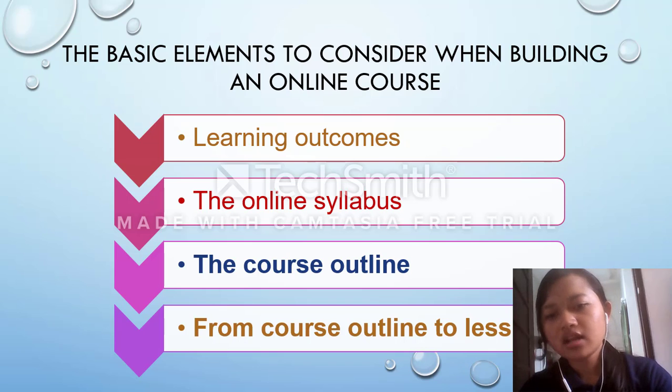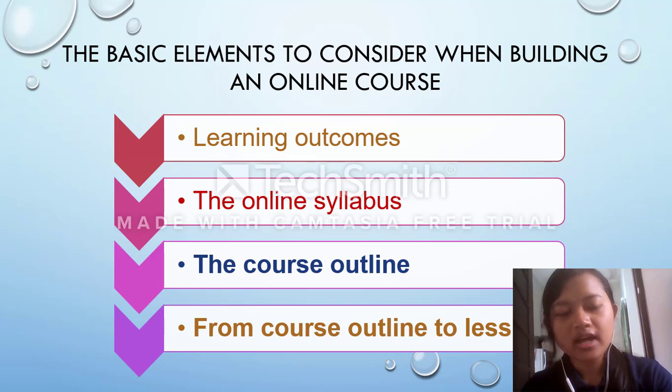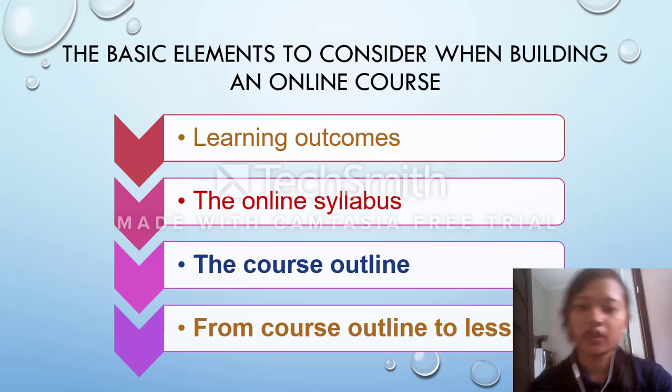A detailed syllabus is the core organizing document for the teacher and the students. It is where the students go to find out everything they need to know about the course.